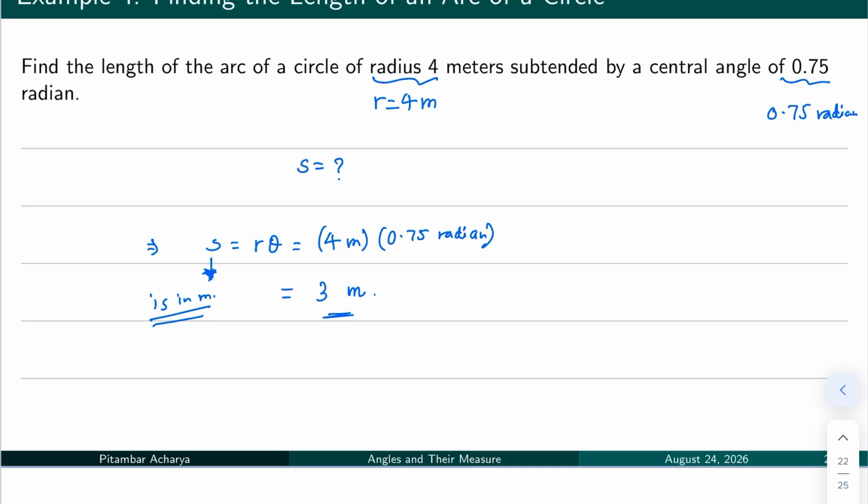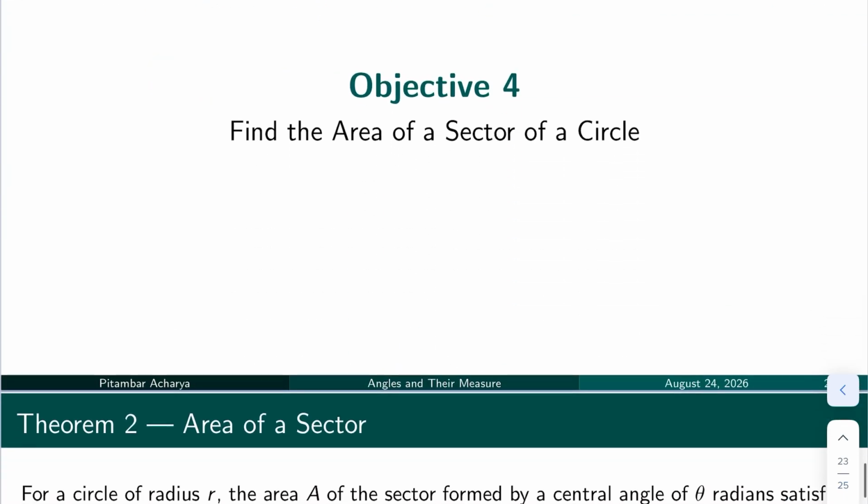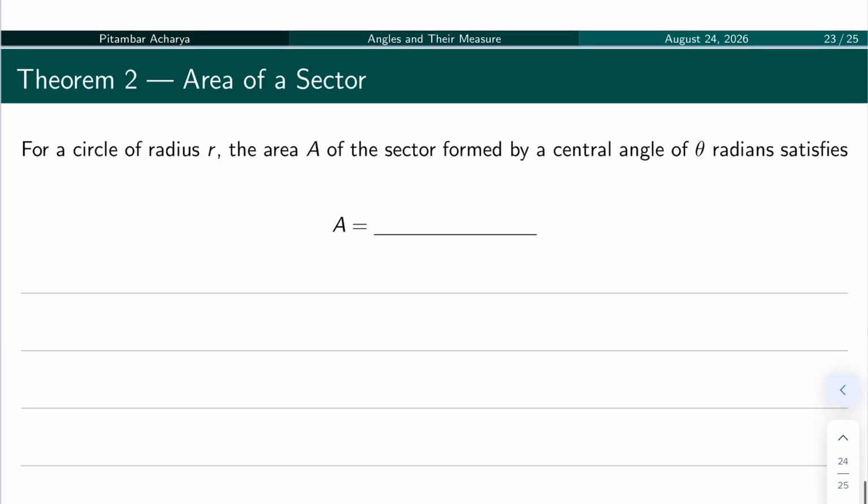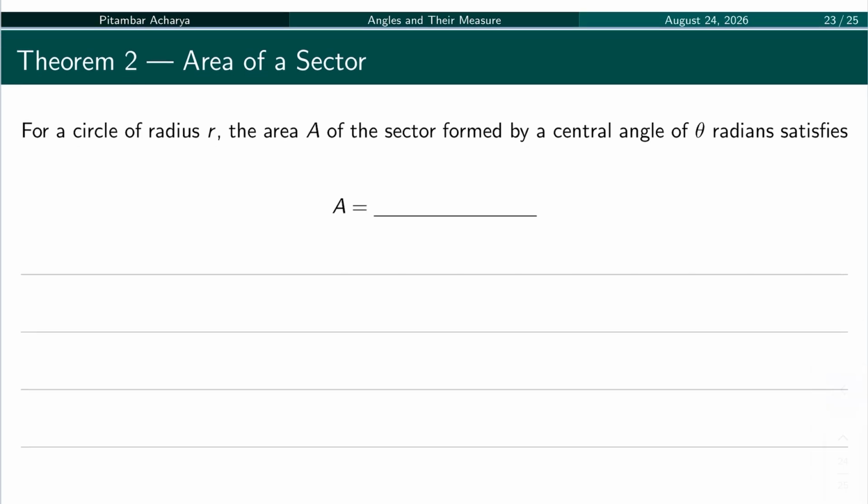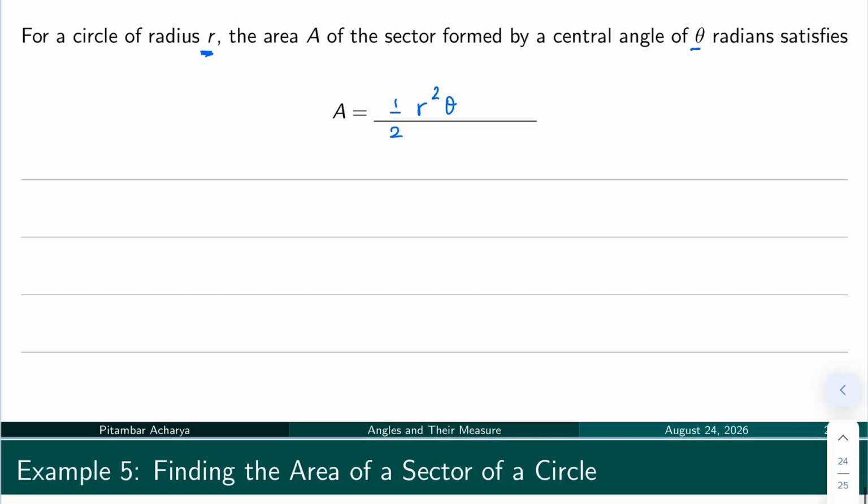Another formula is for finding the area of a sector of a circle. The area of a sector of a circle with radius r and central angle theta is 1 over 2 r squared theta. So we have area equals 1 over 2 r squared theta.